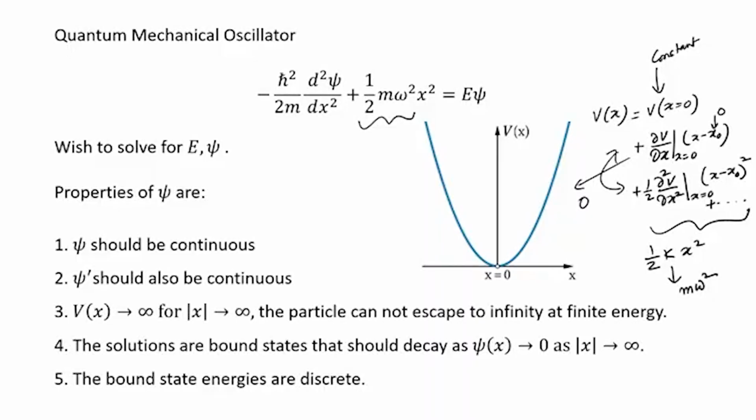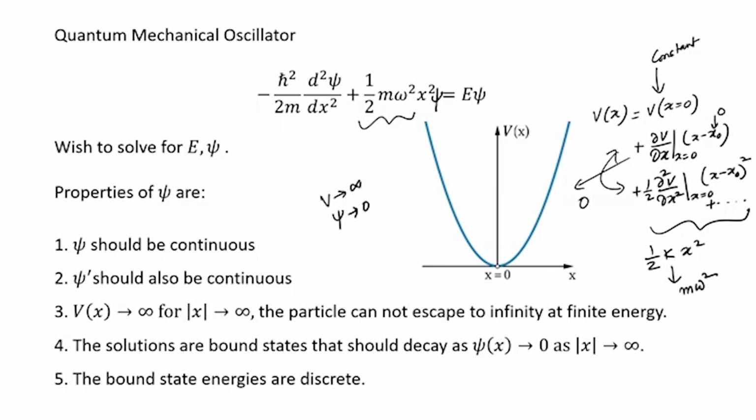So, this potential is smooth, which looks as half m omega square x square. It exists at any value of x and remains finite all throughout. V of x becomes infinity as x becomes infinity, so the particle cannot escape to infinity at any finite energy. We can understand it this way: if V becomes infinity, psi has to become 0 in order for the second term to remain finite.